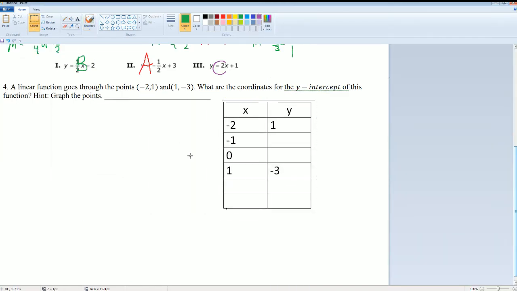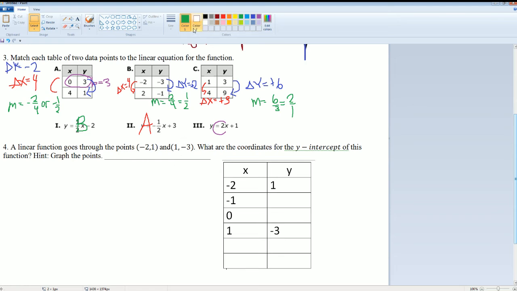Let's do a couple of things here. We know that our delta x's are what? So delta x, you're going from here to here. You are adding 1. The y-intercept is this value.